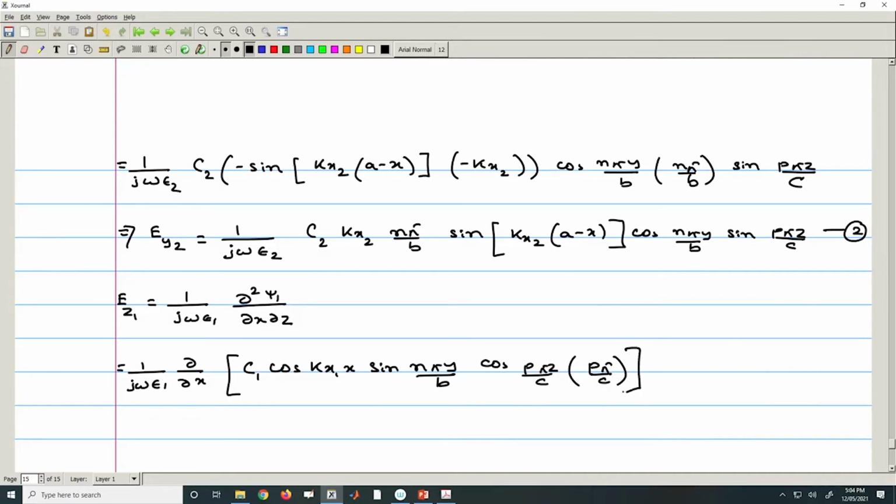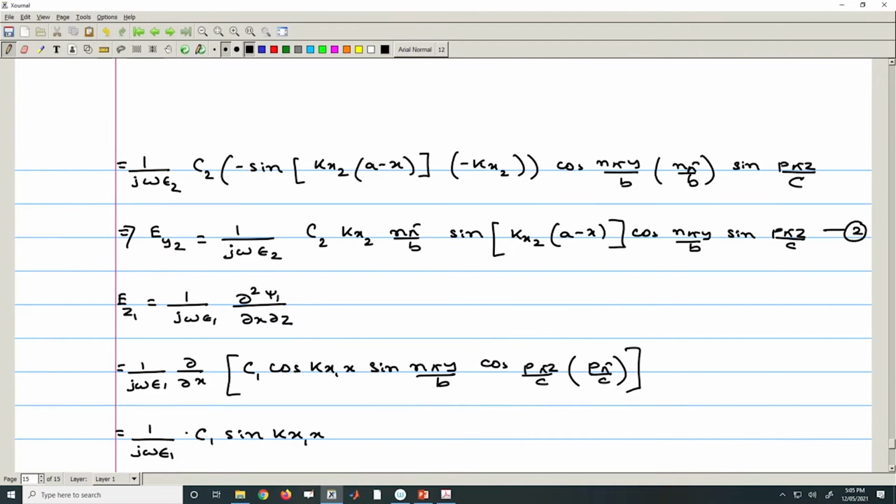Now we will differentiate this with respect to x. So we will have 1 upon jωε1, this will be c1, so the x with c1, this will be sin kx1 x.